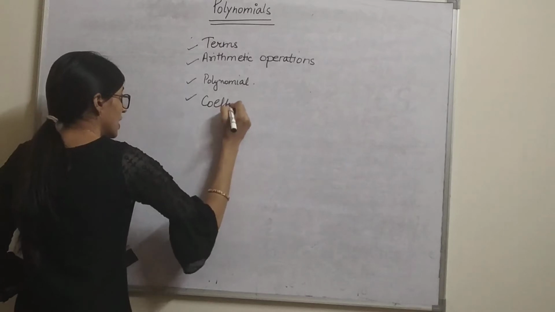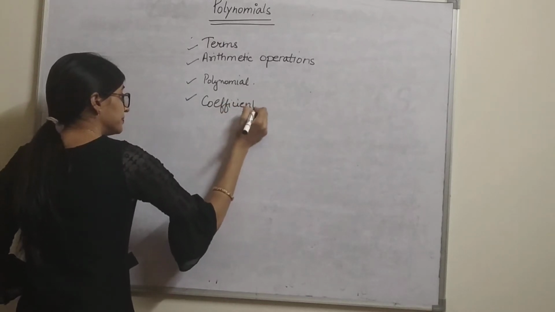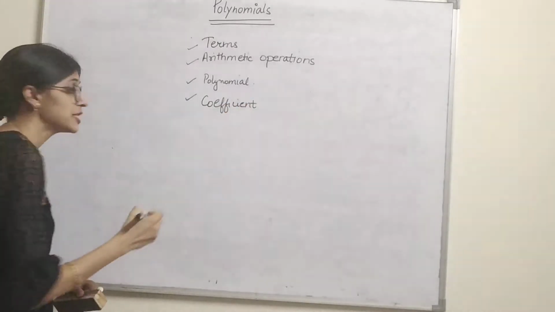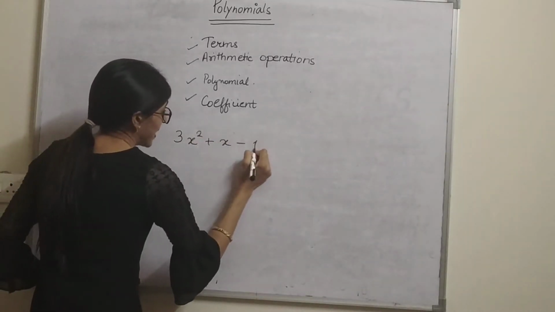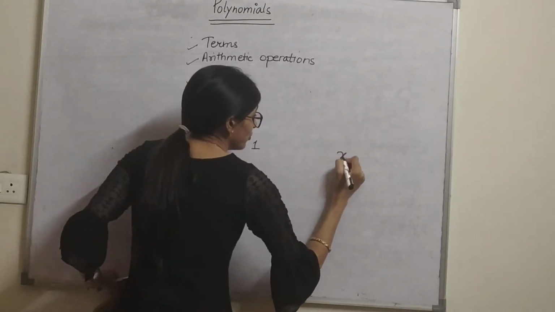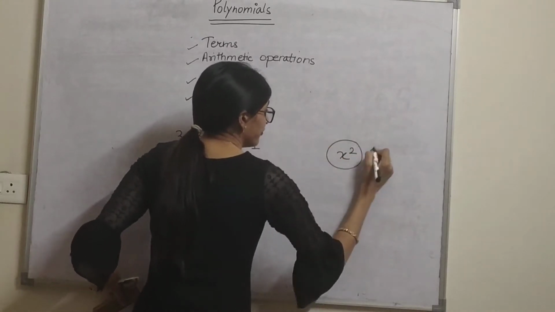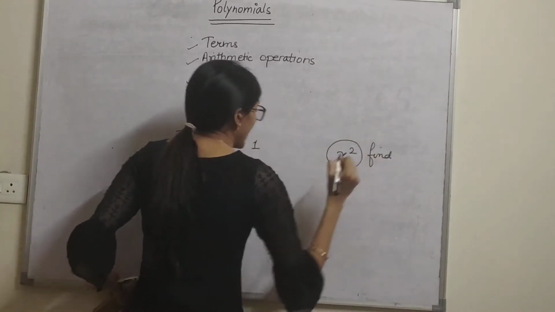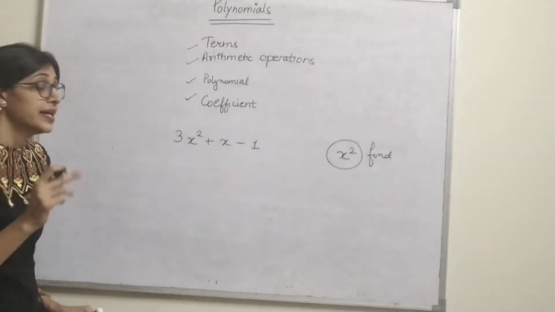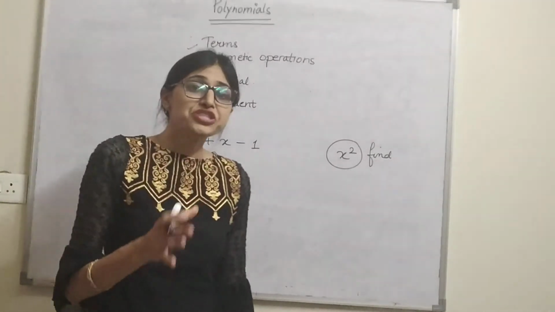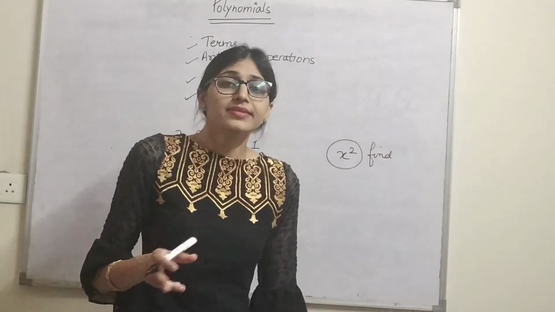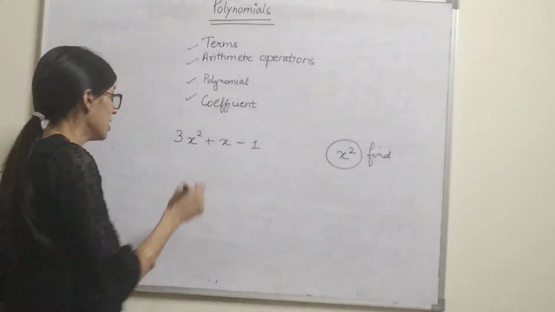What is a coefficient? Suppose an expression is given to you, 3x square plus x minus 1, and you have to find out the coefficient of x square. Whatever value is attached to x square is the coefficient of x square.